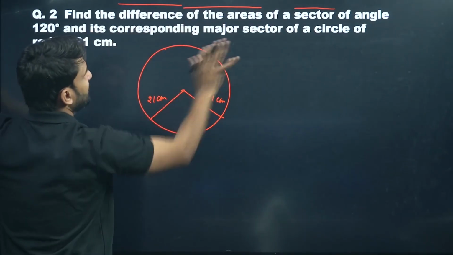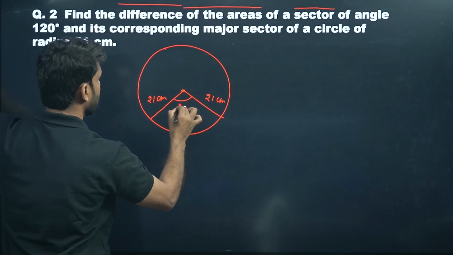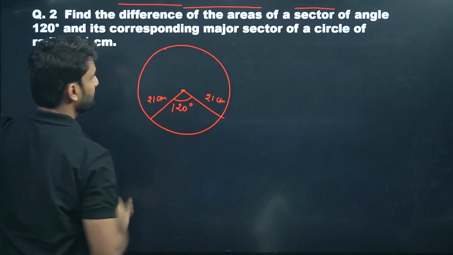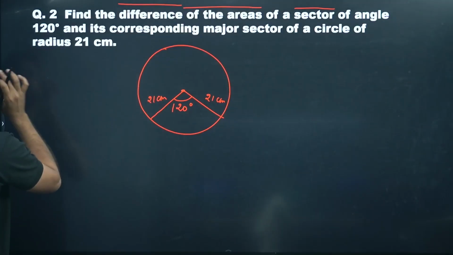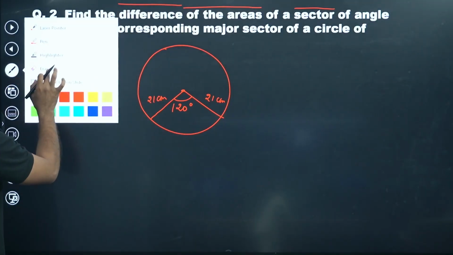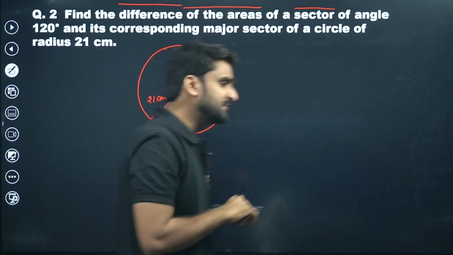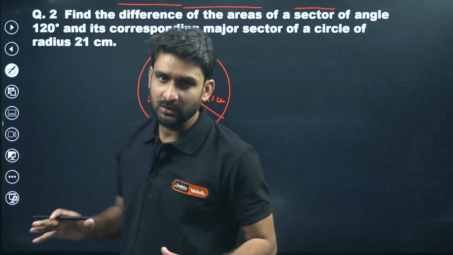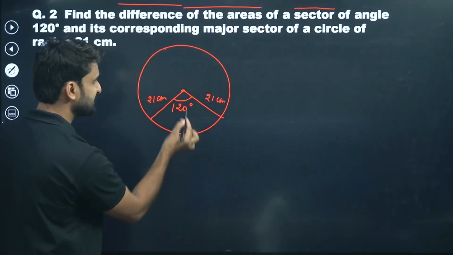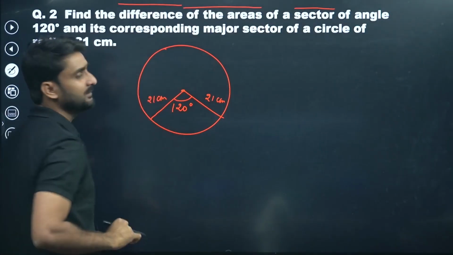Find the difference of the areas of a sector of angle 120 degree. The central angle is 120 degree and the radius is 21 centimeter. What do we have to calculate here? The difference. So first we need to find the area of both respective sectors. One is this minor sector and the remaining part is the major sector.